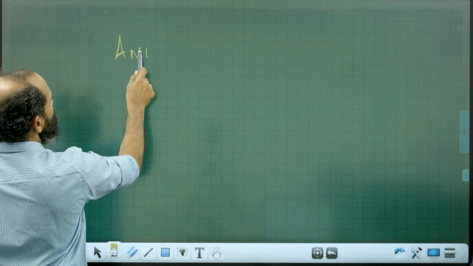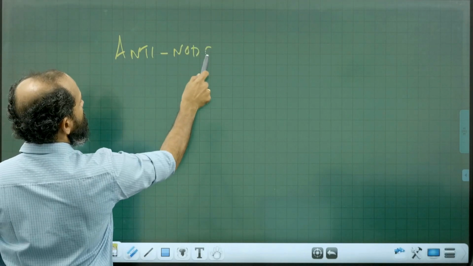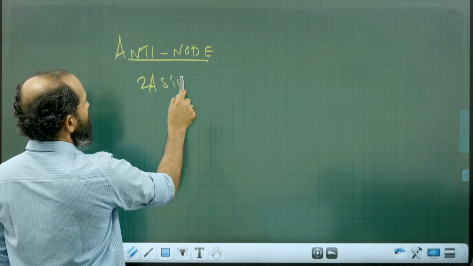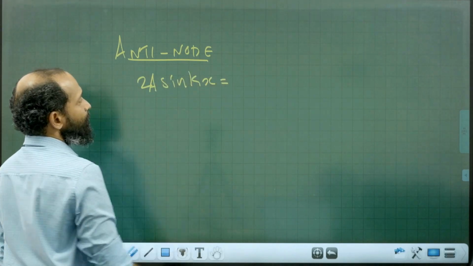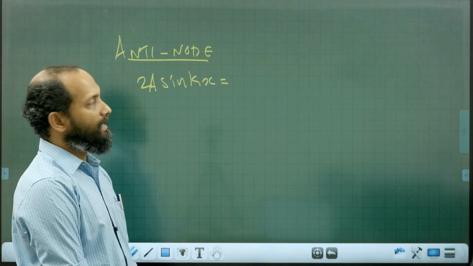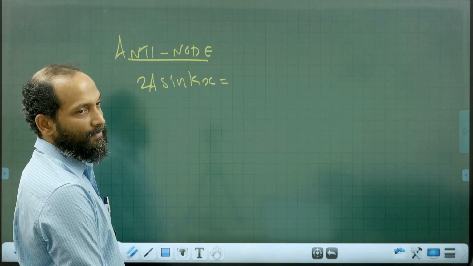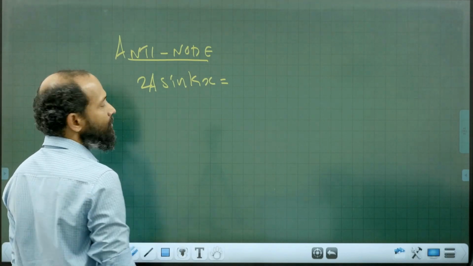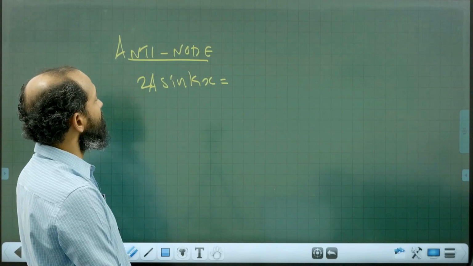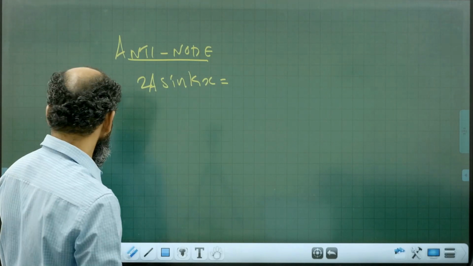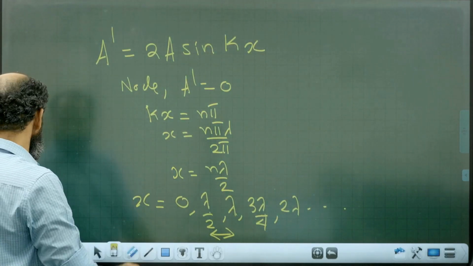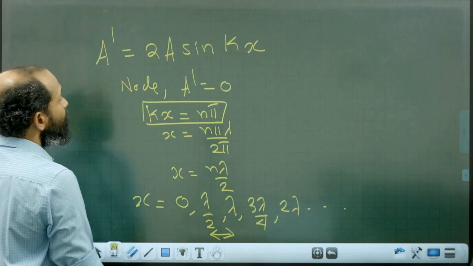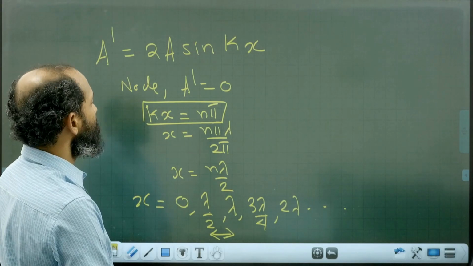Now the condition for an antinode. That is, 2a sine kx should be maximum. Then only is it an antinode. For a node, 2a sine kx was 0, for which kx should be equal to n pi.